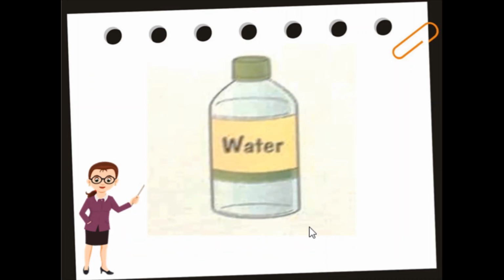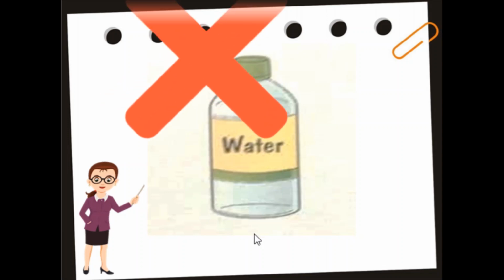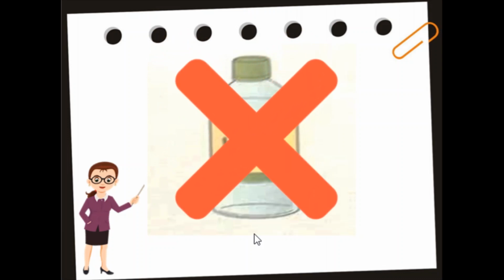Let's have this water bottle. This water bottle starts here and ends at this brim. But where is the water? It's over here. The question is, is the water level the same with its capacity? Yes or no? No. Very good.